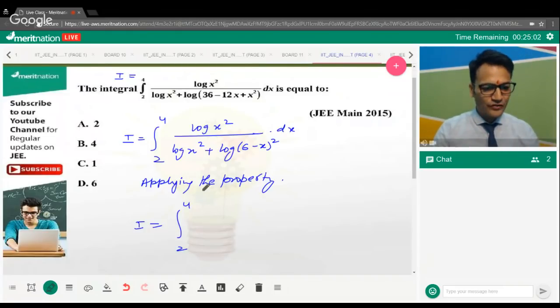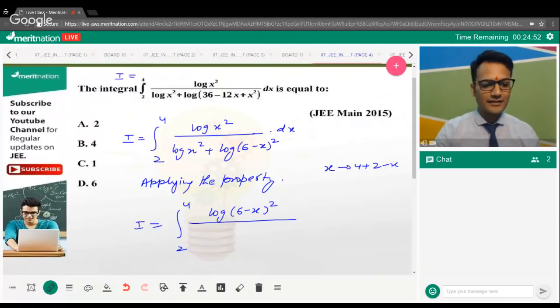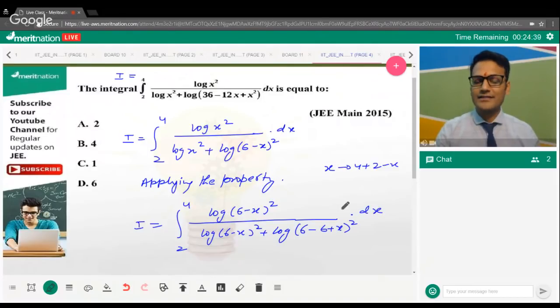So over here, if I apply the property, log of this will be 6 minus x whole squared. Basically, x will be replaced by 4 plus 2 minus x, which is 6 minus x. So again, over here, you will have 6 minus x whole squared, plus log of 6 minus 6 plus x whole squared. I've replaced x by 6 minus x.